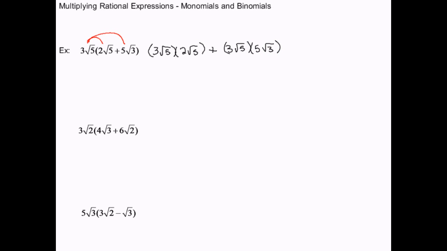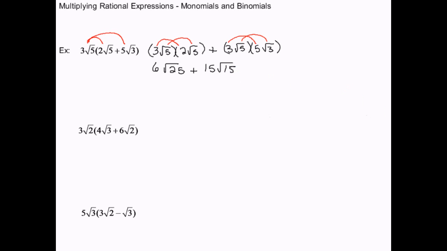And so we're going to be combining a couple of options here. First, multiplying radicals. So 3 times 2 and the square root of 5 times the square root of 5 is going to give me 6 times the square root of 25. And then 3 times 5 and the square root of 5 times the square root of 3 is going to give me 15 times the square root of 15.